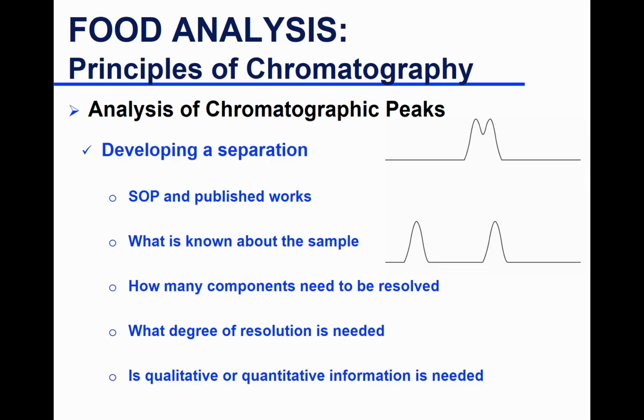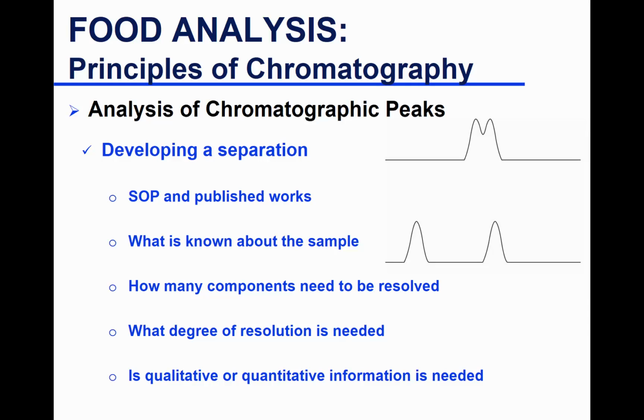And we'll give examples during the semester as we cover different chapters. Now you have to make sure the components within your sample are resolved, meaning separated from each other, so that you can detect them. First of all, identify what they are, and then quantify them.